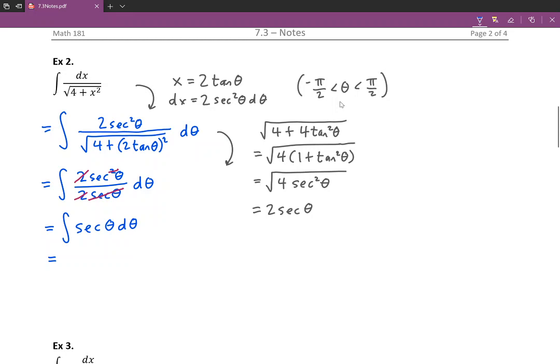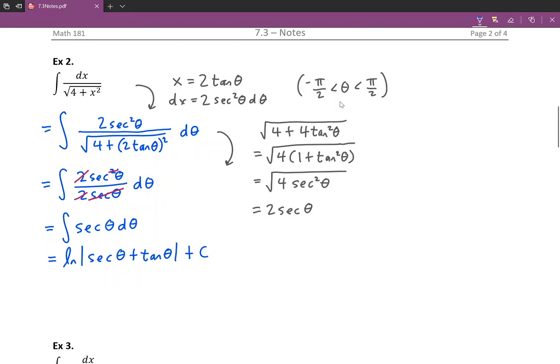I think I mentioned that I would give this integral to you on tests, and that I will do. So it's the ln of the absolute value of secant theta plus tangent theta plus c. It comes up here and there, so it's a good one to just commit to memory if you can.